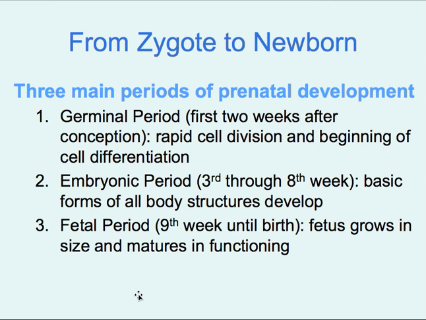There's rapid cell division, and we start to see the beginning of cell differentiation. Cell differentiation meaning that at first we only start out with one cell, it divides and produces two cells inside the organism that are the same. But eventually you start to see cells that are somewhat different from one another.